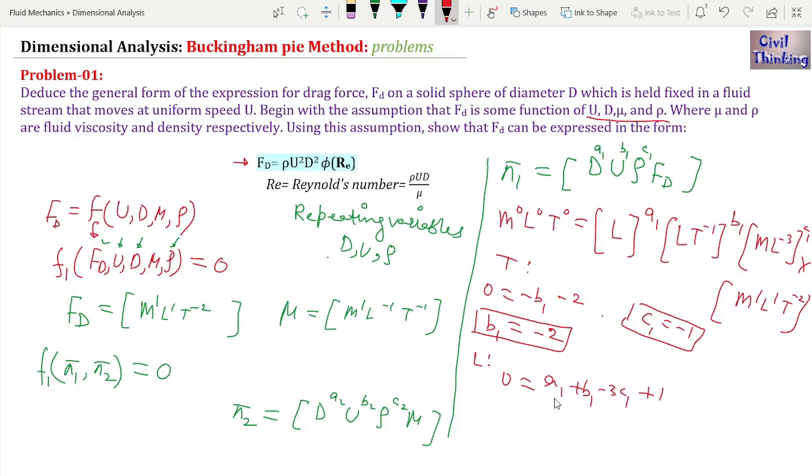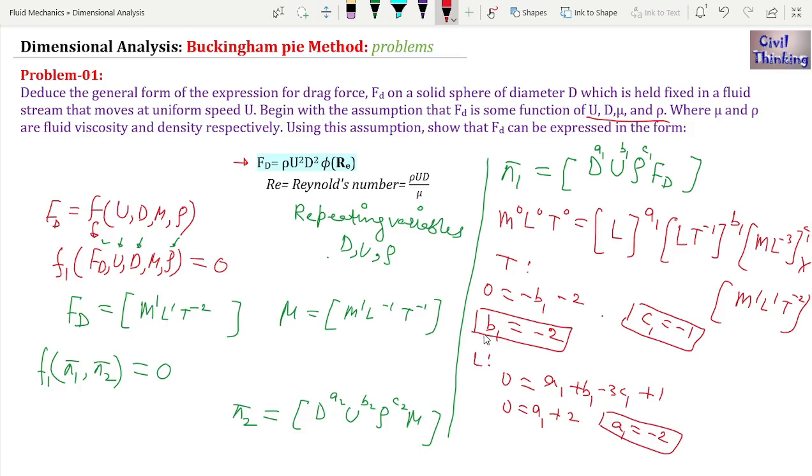So 0 is a1 plus b1, which is minus 2, minus 3 c1, and c1 is minus 1, so it is going to be plus 3, plus 1. 3 plus 1 is 4, 4 minus 2 is 2, so it is going to be a1 plus 2, or we can say a1 is minus 2, right?